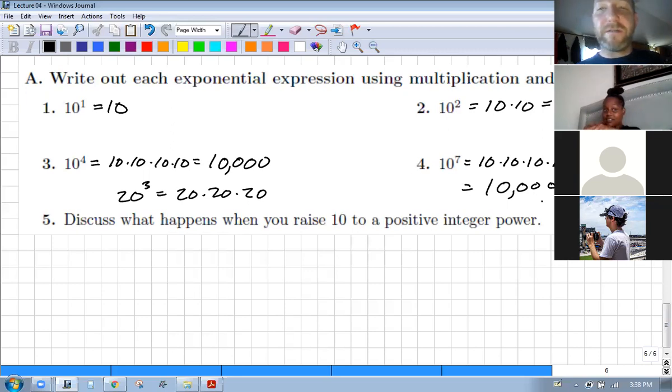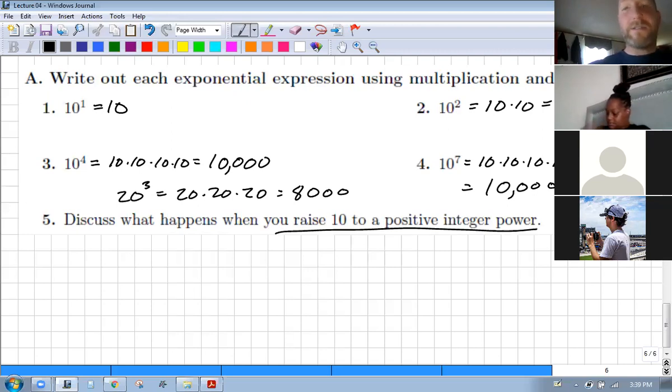That only works with 10s. So 20 cubed is 20 times 20 times 20. That would be 20 times 20, 400, times 20. That'd be 8,000. But 10 is nice because you just add a zero.